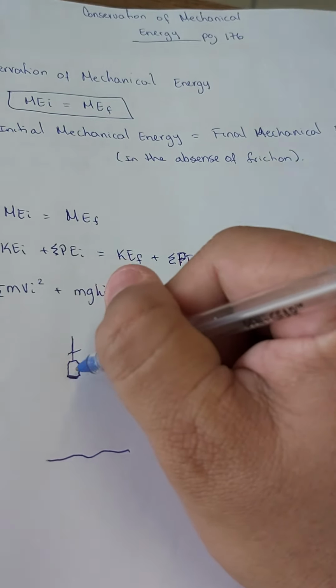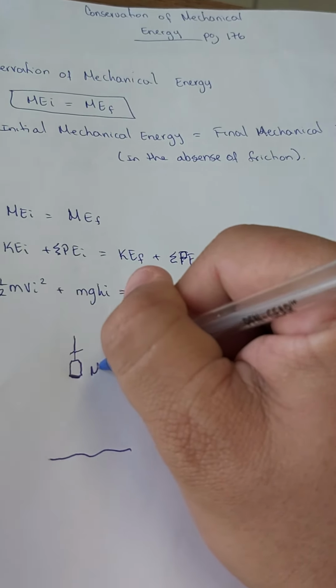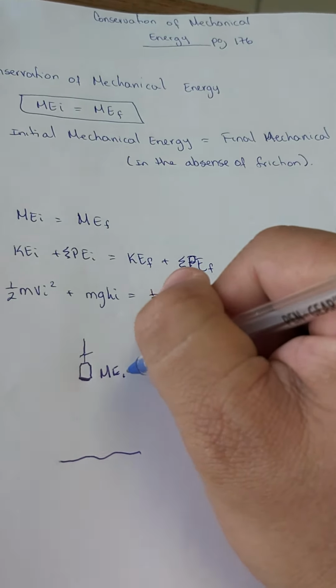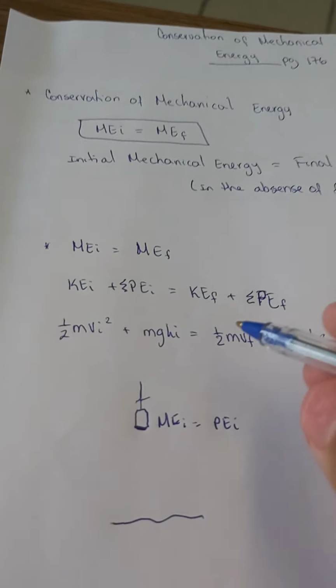Initially, this mass will have its initial mechanical energy equal to the initial potential energy. Why? Because at this moment, once we cut the string, its initial velocity is equal to 0. That means that the initial kinetic energy is equal to 0.